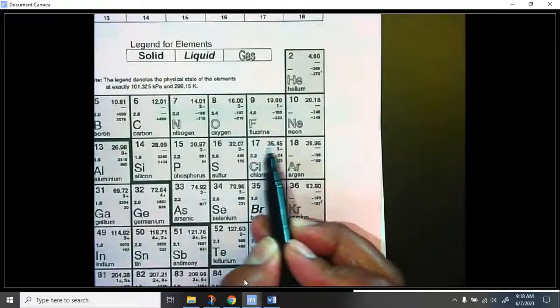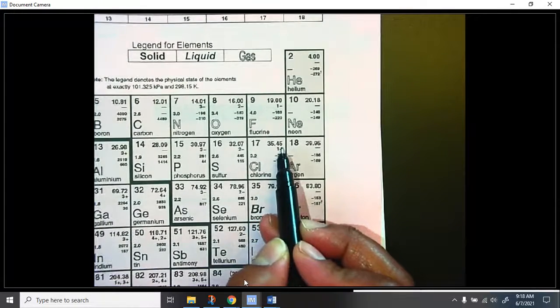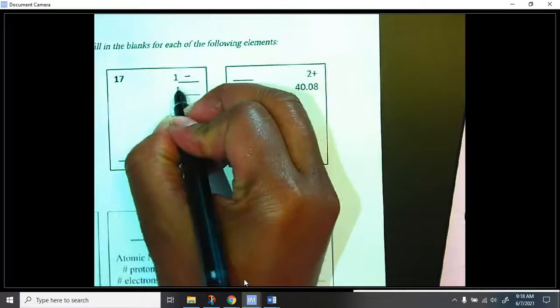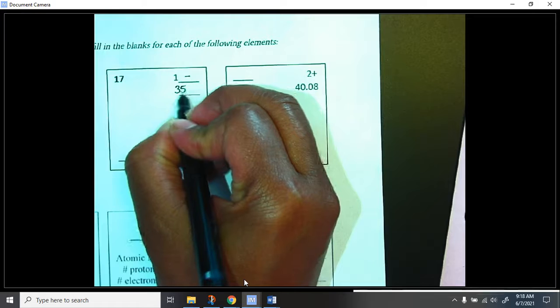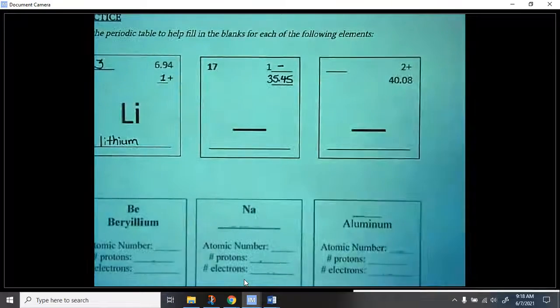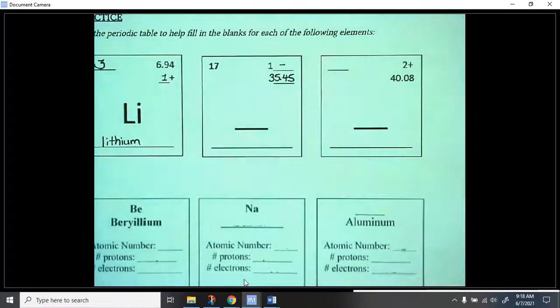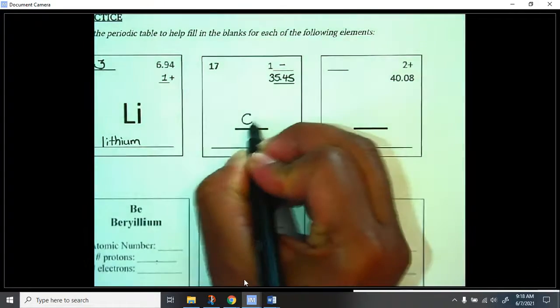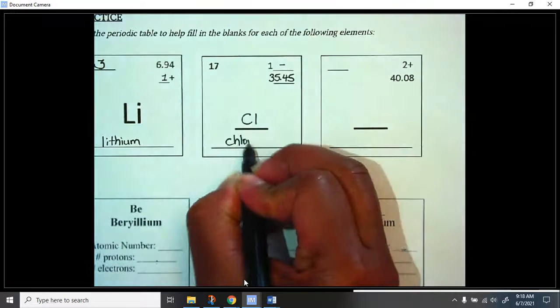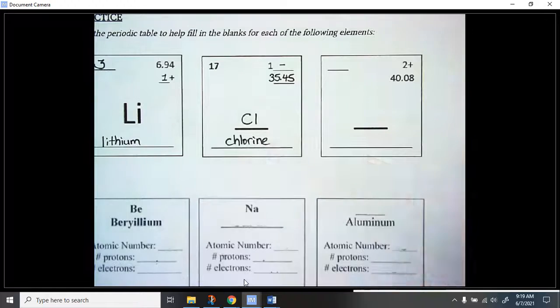Directly below that is your molar mass, 35.45. It's one of the last things we're going to be talking about in our chemistry unit. We'll be using this number in some calculations. So there's my 35.45. My symbol is Cl, which I took from my periodic table, and chlorine. Again, make sure that you're using all lowercase.